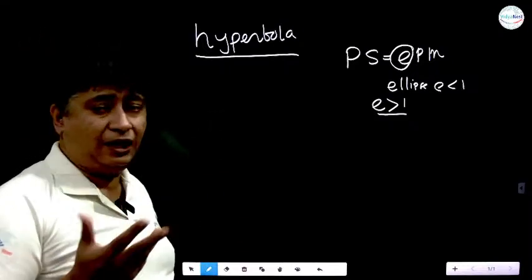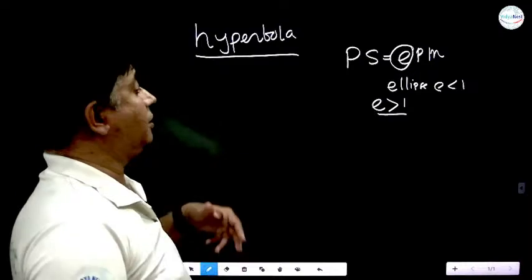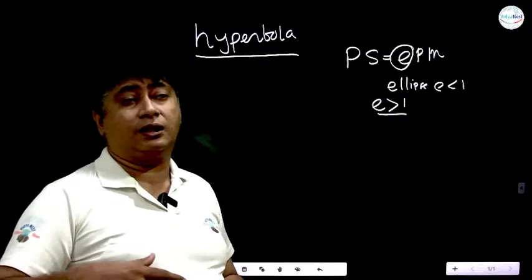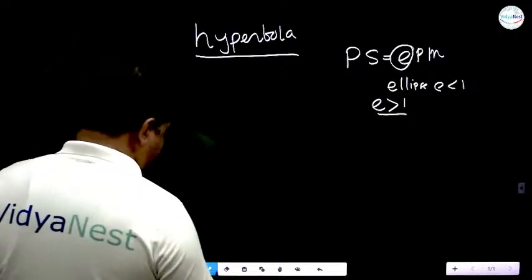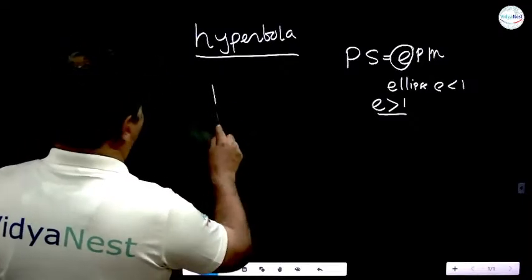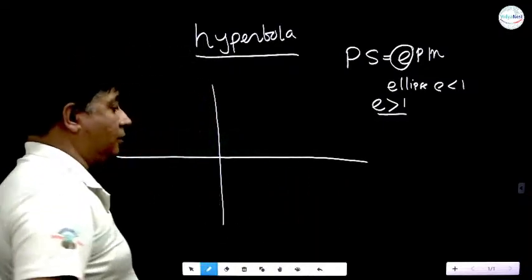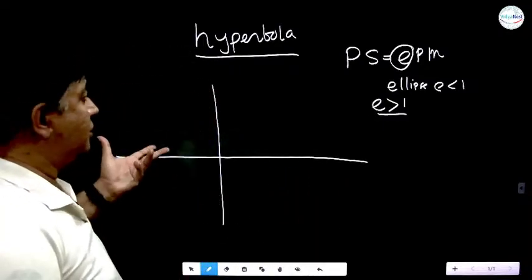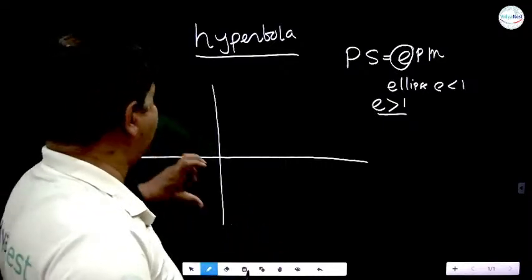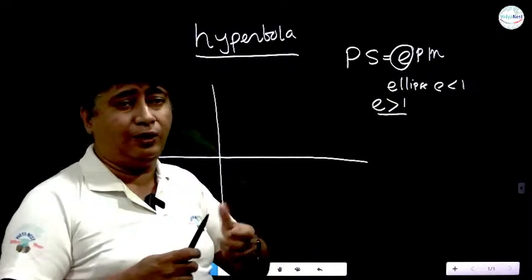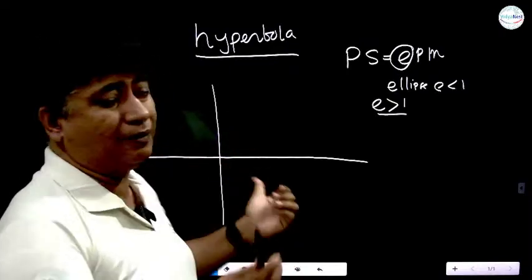Now, how to frame the equation of the hyperbola? Is it like ellipse, or just a reciprocal approach of ellipse? Let's see. We did parabola, so you can consider hyperbola as the combination of two parabolas, though it seems a little funny.